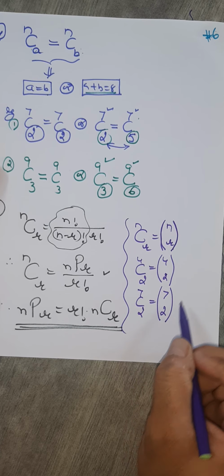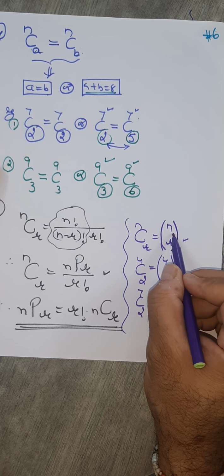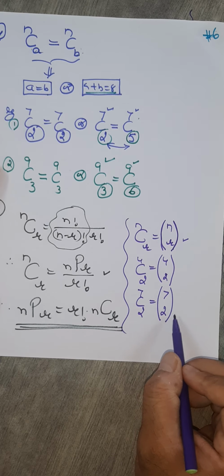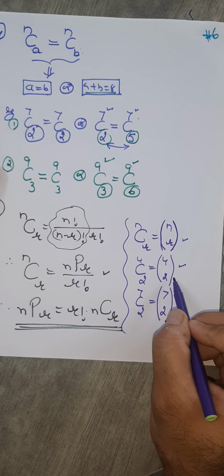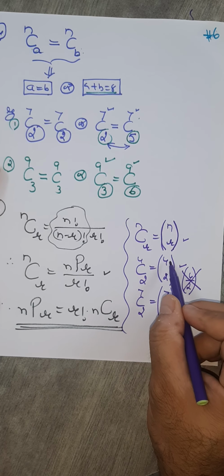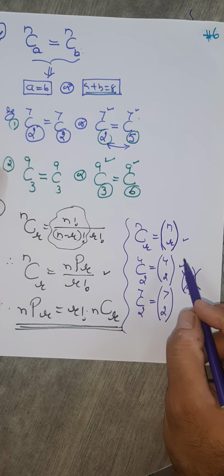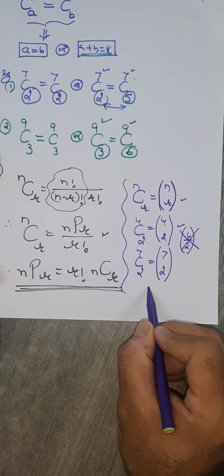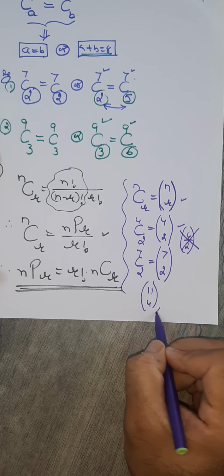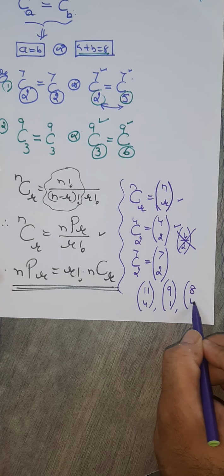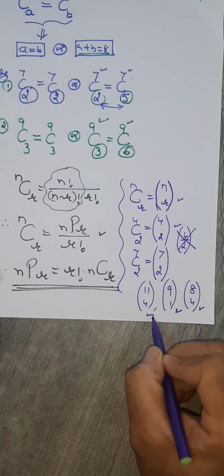Just put the round bracket for NCR. This is read as NCR, 4C2, 7C2. Another standard notation. Not like this, remember. Just put it in a round bracket, round parenthesis, 4C2, 7C2, 11C4, 9C1, 8C4, like this. We use such symbols here, remember.